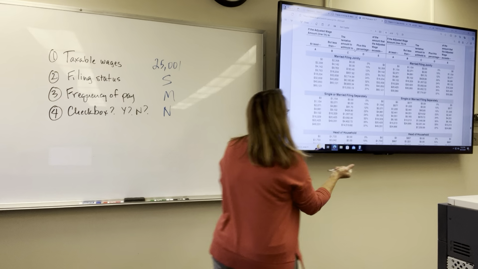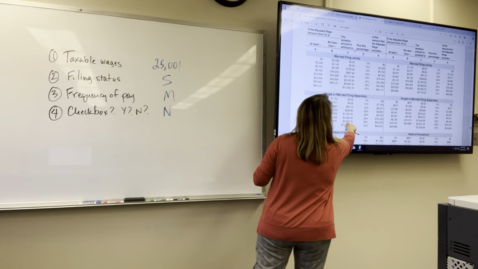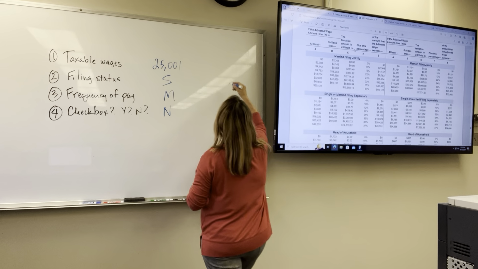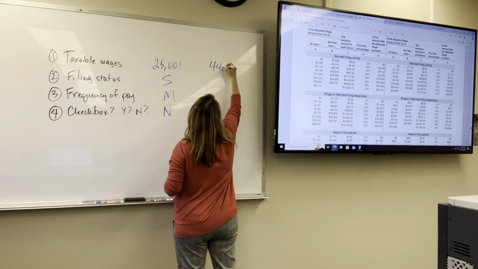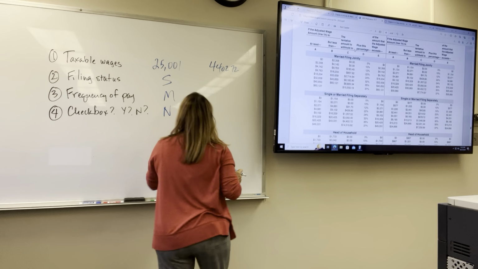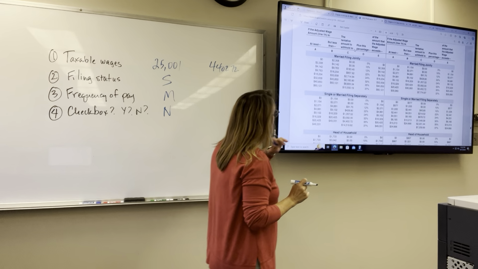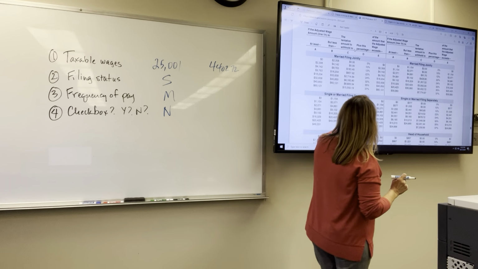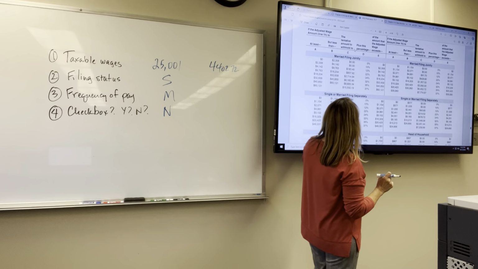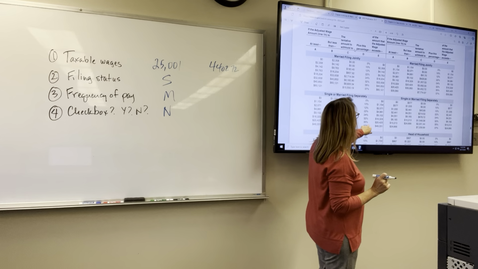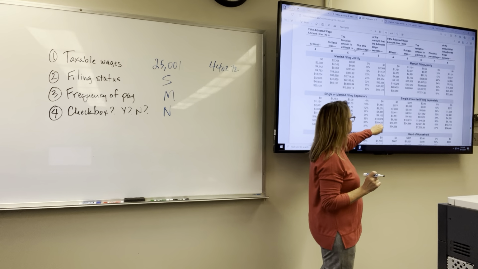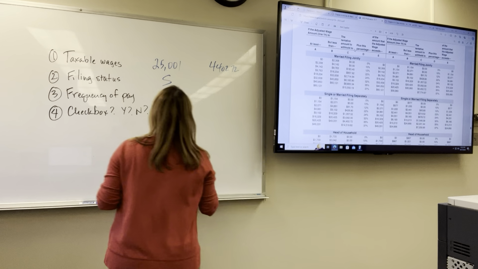All right, so we've got our tentative amount to withhold here is 4,402.72. Then, did I get that right? Yeah. 35% of the amount of taxable wages over 20,425.